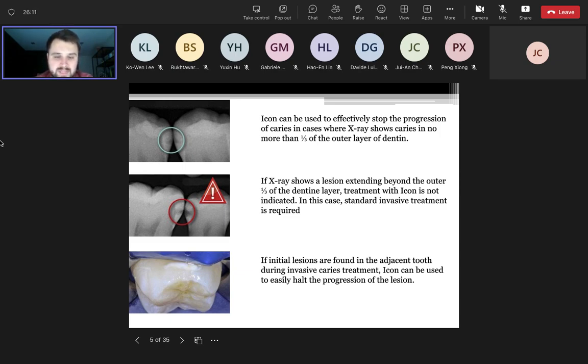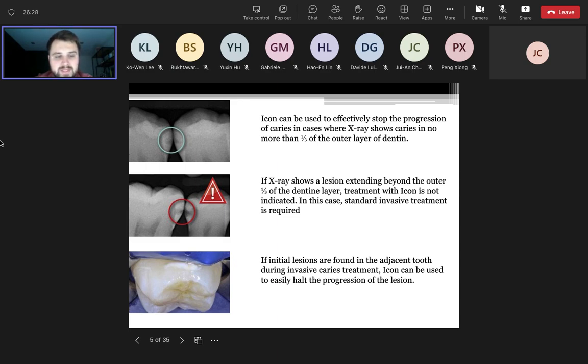Sometimes, when we see a big cavity on the proximal surface, we prep one. I mean, like in this photo, we prep the premolar, because this cavity is bigger and probably deeper than this one in the molar.